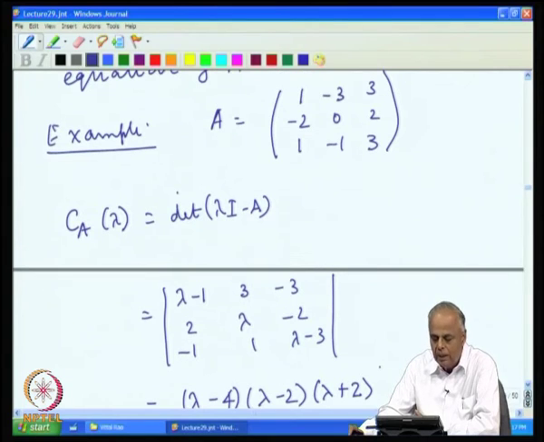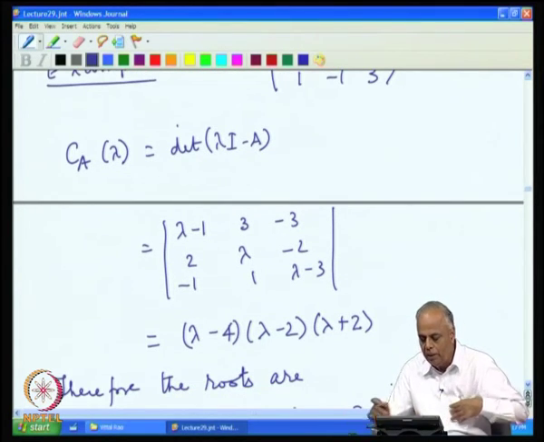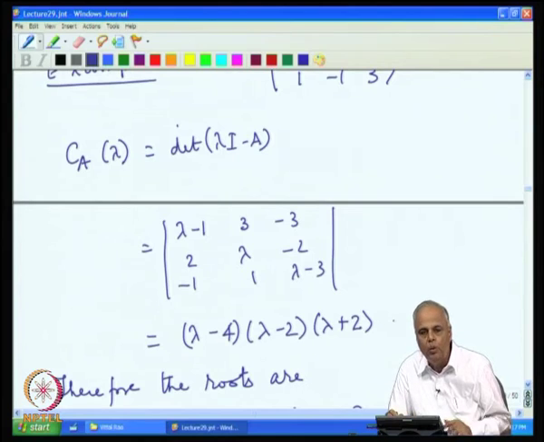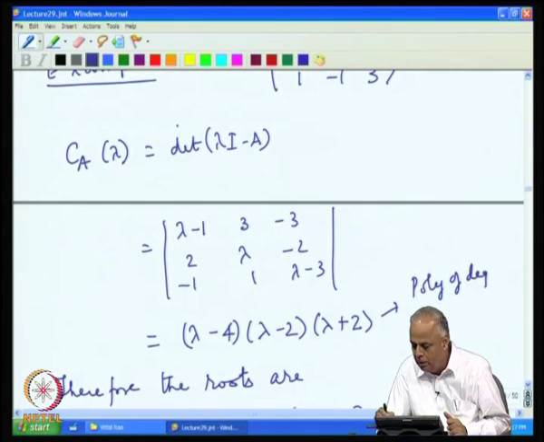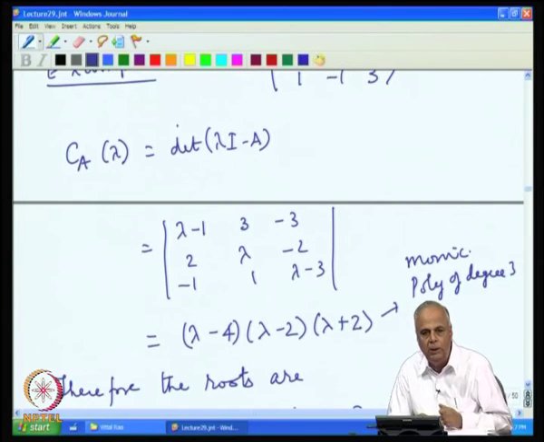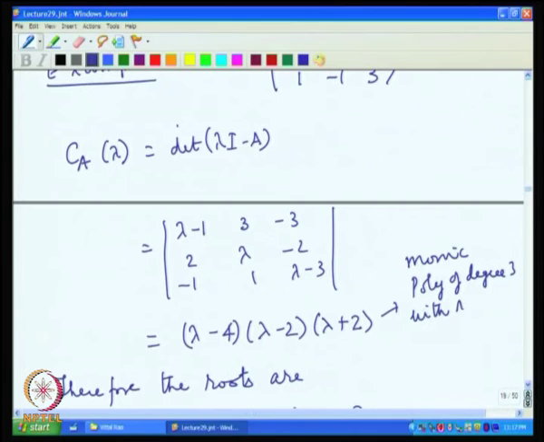When we write the characteristic polynomial and expand it, you will get lambda cubed as the first term. So, it is a polynomial of degree 3, and since the highest term is lambda cubed, it is a monic polynomial of degree 3, and everything involved is real, so it has real coefficients.